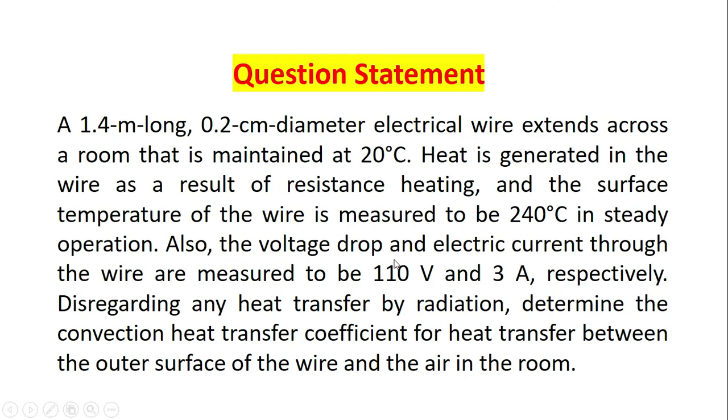Also, the voltage drop and the electric current through the wire are measured to be 110 volts and 3 amperes respectively. Disregarding any heat transfer by radiation, determine the convection heat transfer coefficient for the heat transfer between the outer surface of the wire and the air in the room.